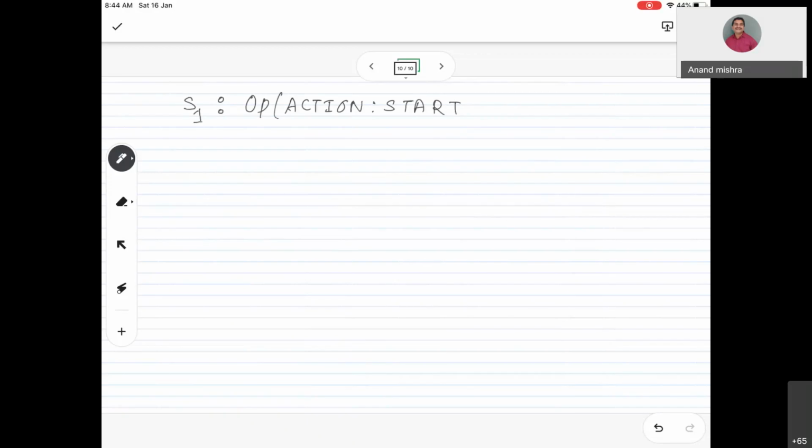So what is the precondition of the start action? There is no precondition of start, because you can start from the beginning. So what is the effect of this start operation? It is as follows. You are at home, and then there are some universal truths like sells. BS stands for bookstore.